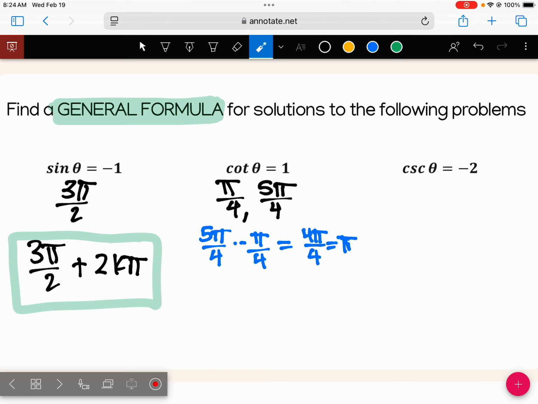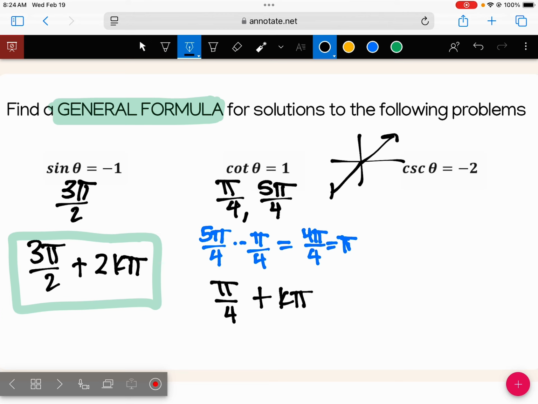and simply write plus k pi. Since, again, this happens twice. There's 2 places on the unit circle where cotangent is equal to 1. That distance between pi fourths and 5 pi fourths, if I draw a little bootleg, it's pi fourths and 5 pi fourths.